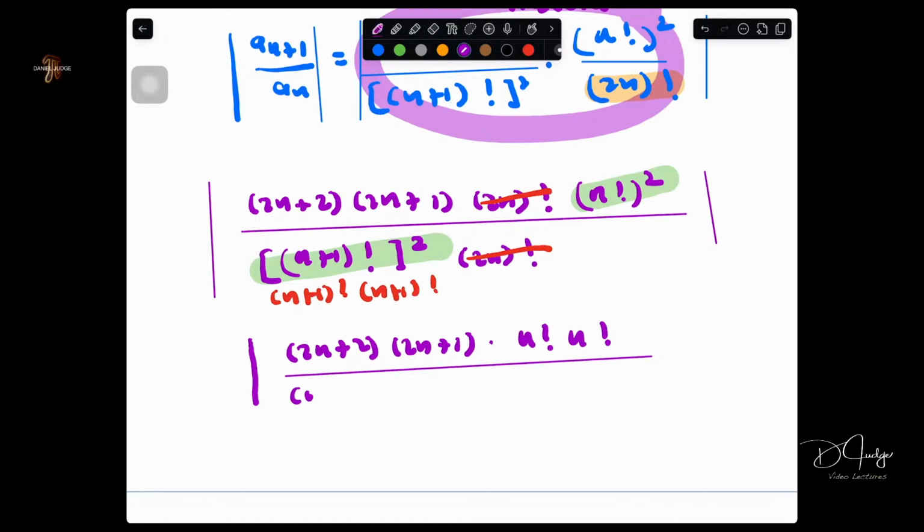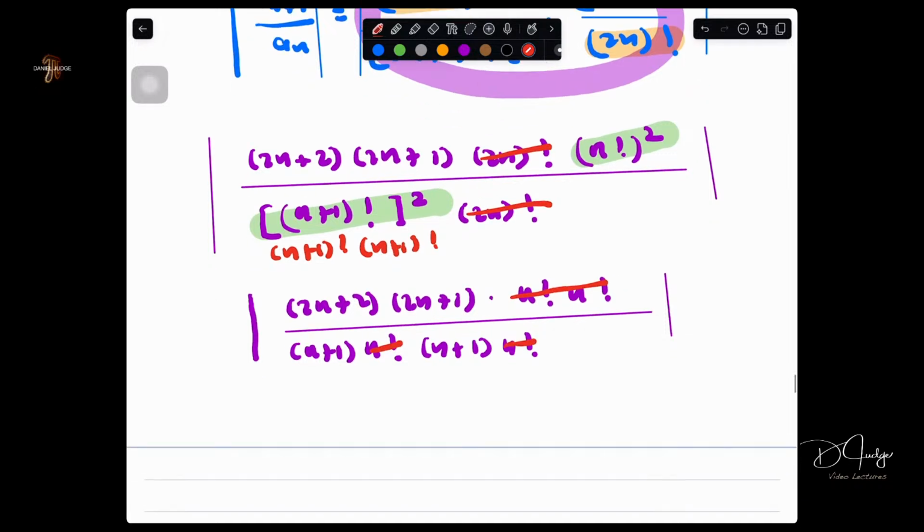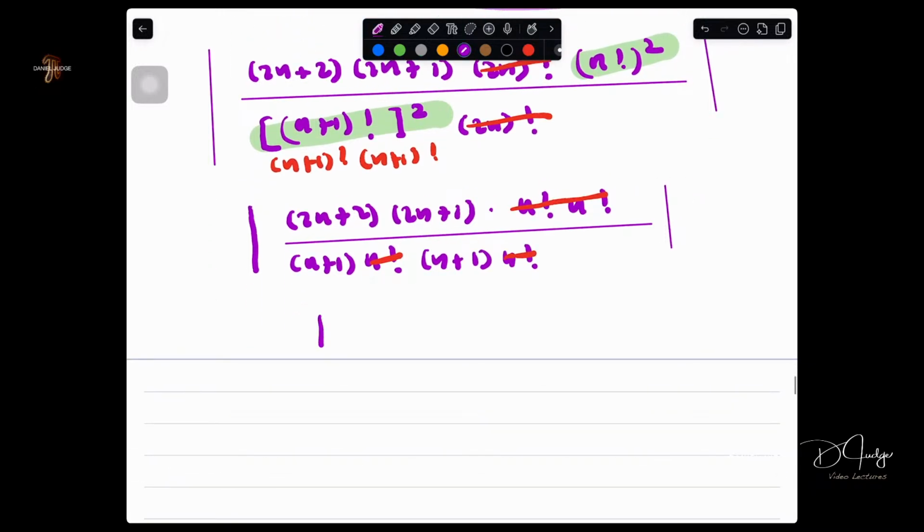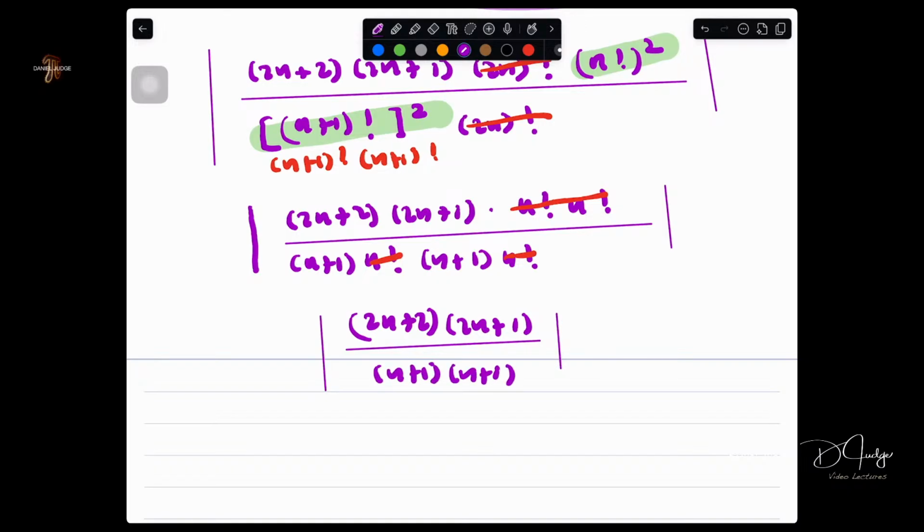So I'm going to write it as n plus 1 times n factorial, and then another n plus 1 times n factorial down there, in absolute value here. So what you'll see with cancellation is the same thing. We're now left with the absolute value of 2n plus 2 times 2n plus 1 over n plus 1 times n plus 1 in absolute value.